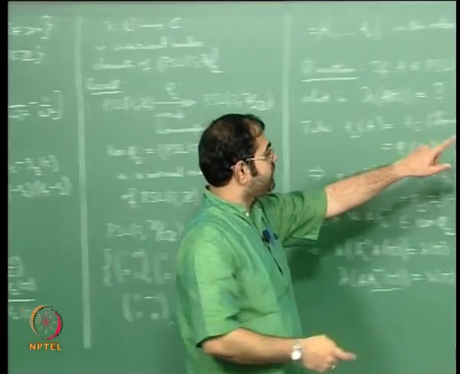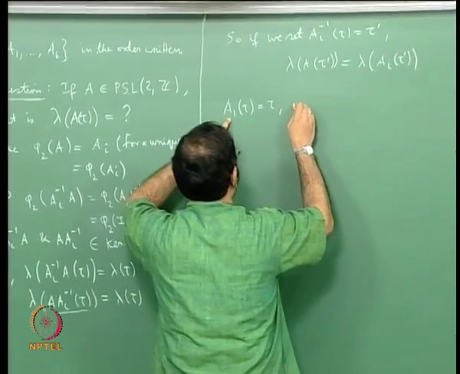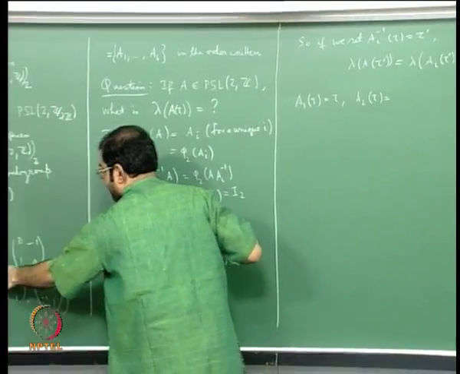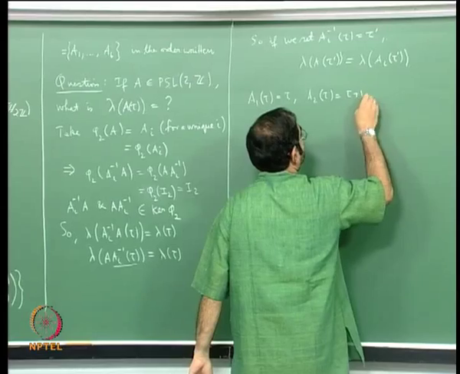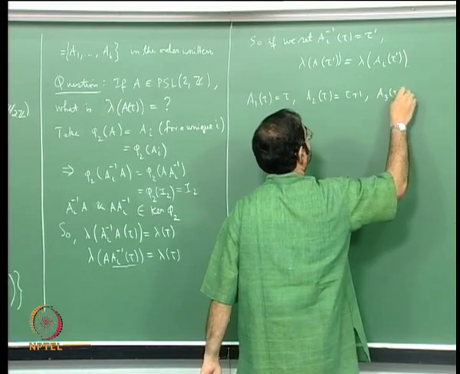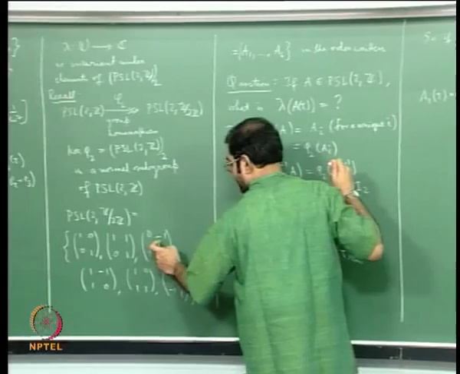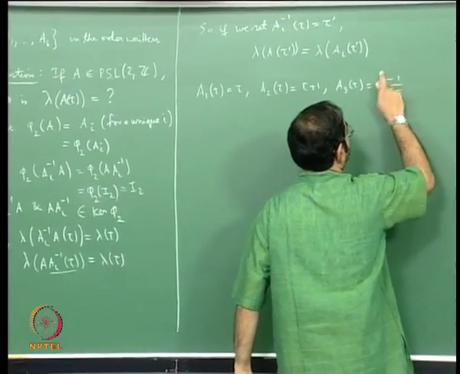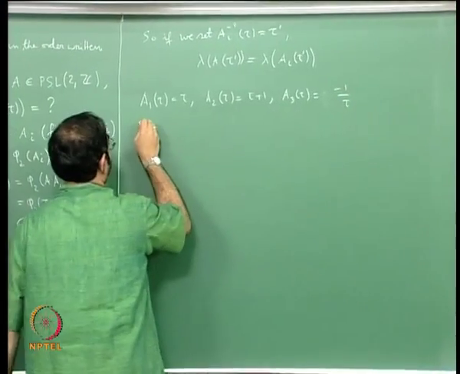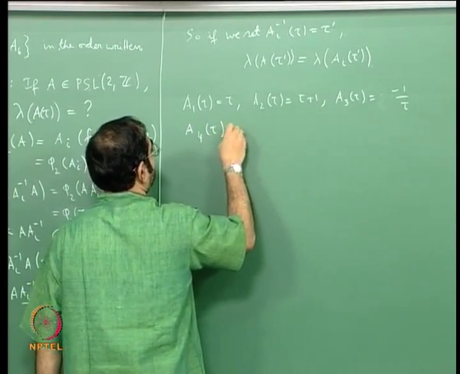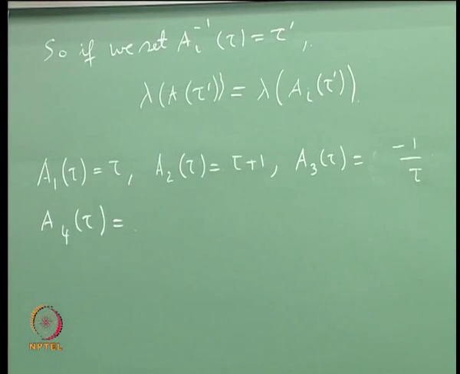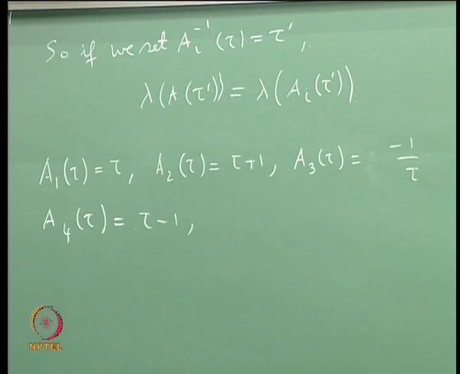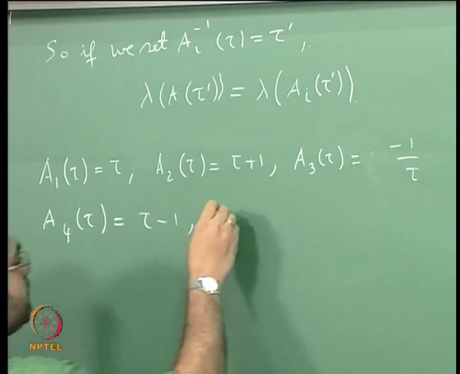So A1 of tau is just tau, A2 of tau is tau plus 1, A3 of tau is simply minus 1 by tau, A4 of tau is tau minus 1, and A5 of tau is tau by tau plus 1.